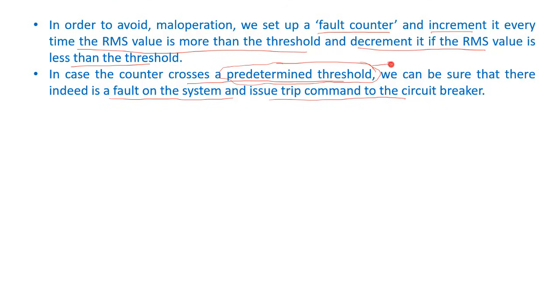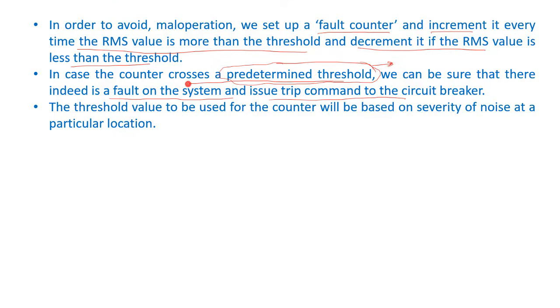And when we have no switching device, like a simple transmission line system, then under that condition we don't require much threshold, so we can take a lesser value of threshold. So the threshold value to be used for the counter will be based on the severity of the noise at a particular location. That is what I told.